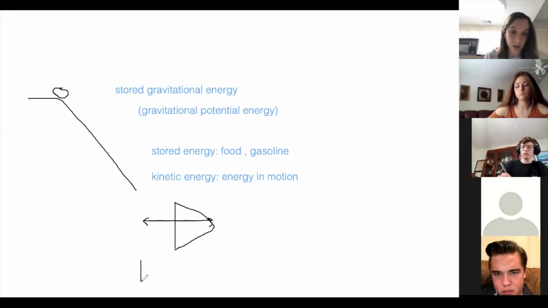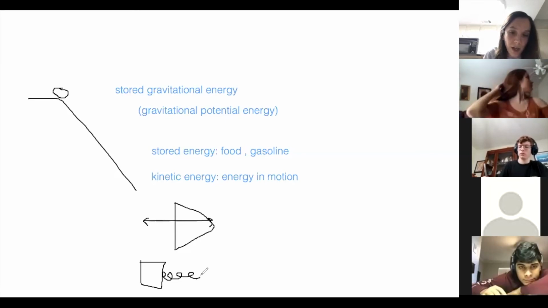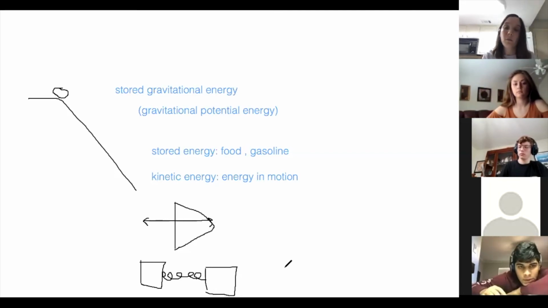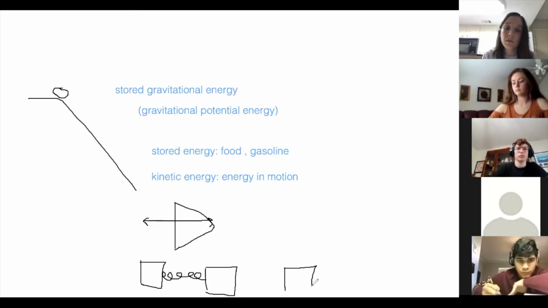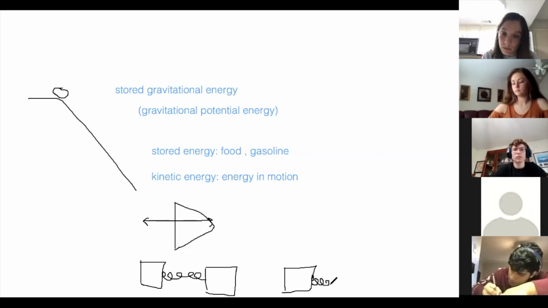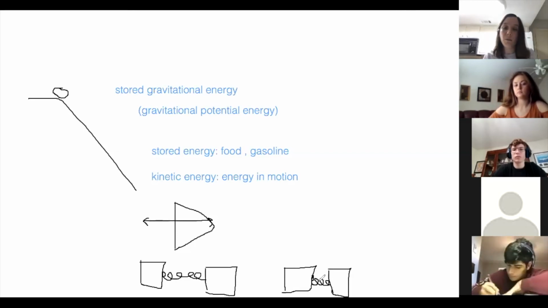Another example would be a spring. So if you compress a spring, let me redraw that. That looks really bad. Right now, it's not all that compressed. But if you compress the spring, then you give it stored energy.